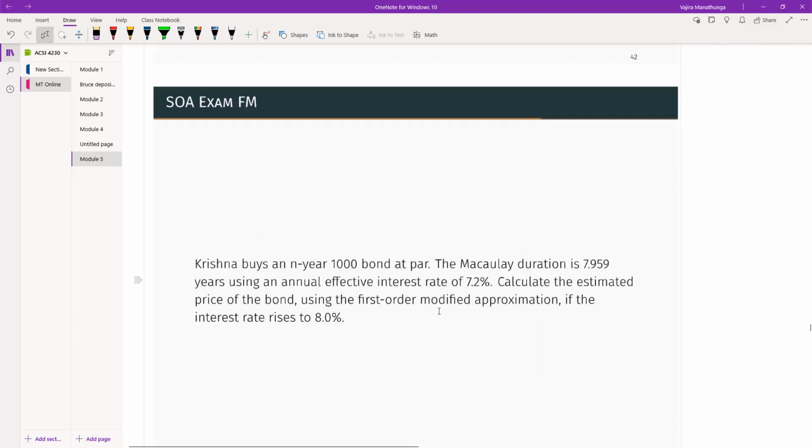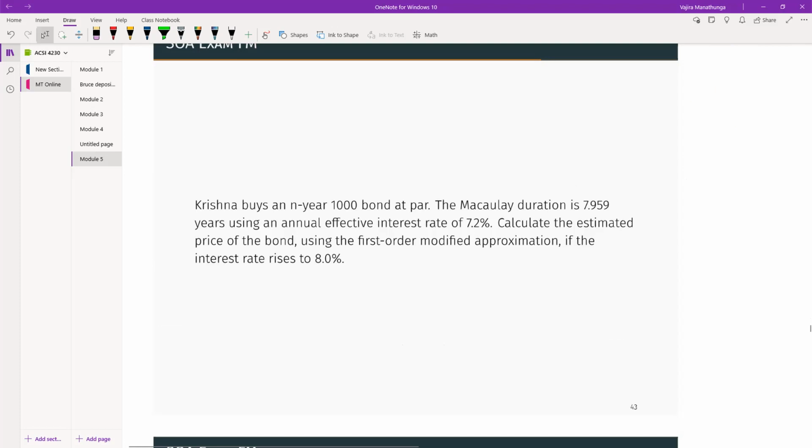Okay, so let's try to do this problem. Read the problem and see whether you can do it. Krishna buys an NEA 1000 bond at par. The Macaulay duration is 7.959 years, giving an annual effective rate of 7.2%.